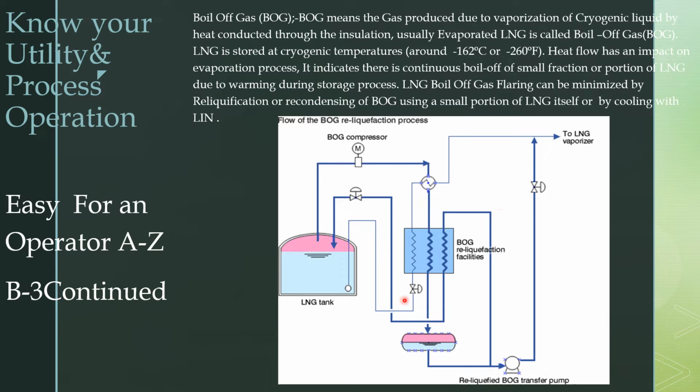It is a similar process to an LNG vaporizer for natural gas regasification. By means of this type of reliquefaction or recondensing process using the heat exchanger with the LNG itself, you can minimize the flaring. You can see another type in the next slide, and other important reasons for boil-off gas: how it is produced, why it is produced.